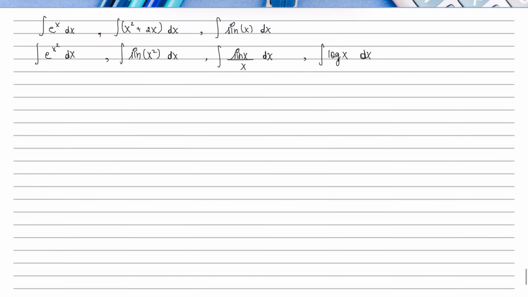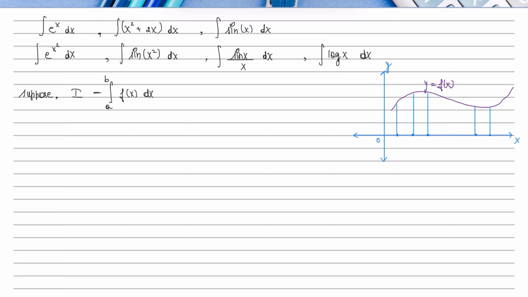Suppose I want to find the integration of a function f of x from a to b, and let the graph of this function be this, where this is my point x naught, this is x naught plus h, this is x naught plus 2h.